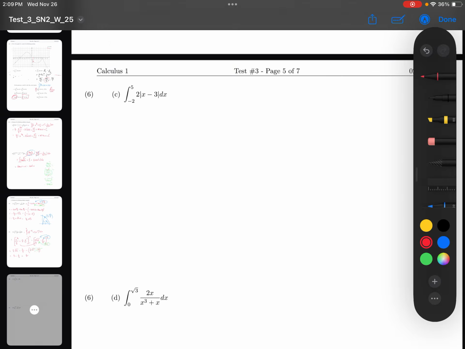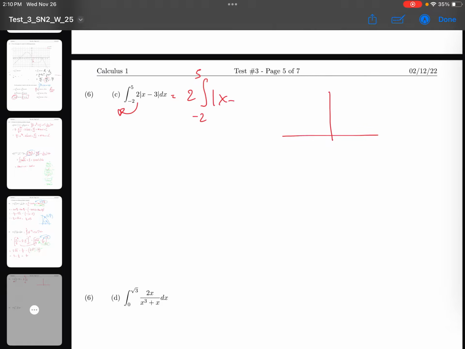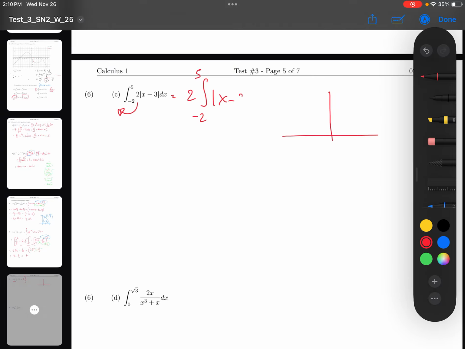So this is an integral that asks for the definite integral of the absolute value. Here it is going to be very helpful just to sketch the function absolute value of x minus 3. If somebody is wondering what happens to the 2, it is a constant, so it can be factored outside of the integral right away, and then you have just the definite integral of absolute value of x minus 3 dx.